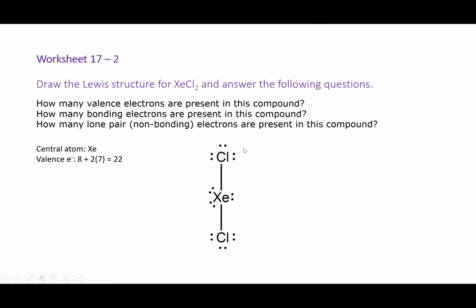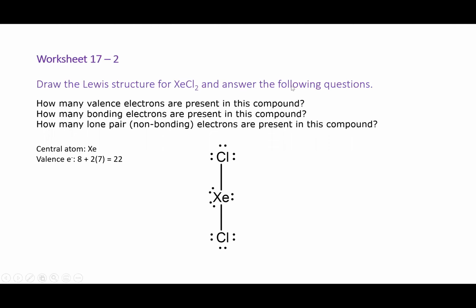So we have a full octet for chlorine and a full octet for the other chlorine, and whatever electrons are remaining, 22 minus 16, we get 6. So that means we have 6 lone pair electrons surrounding our xenon, and 6 divided by 2 is 3, so we have 3 lone pairs.